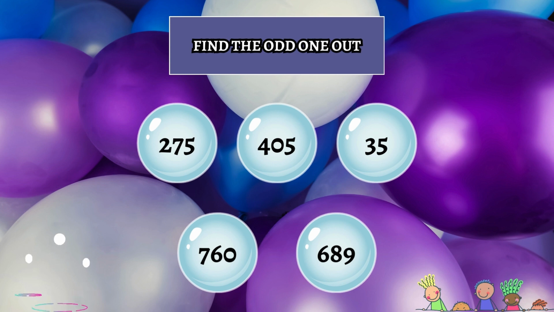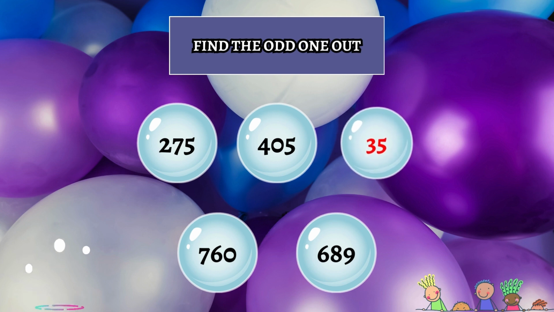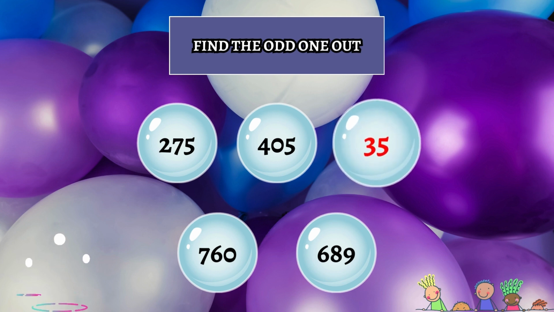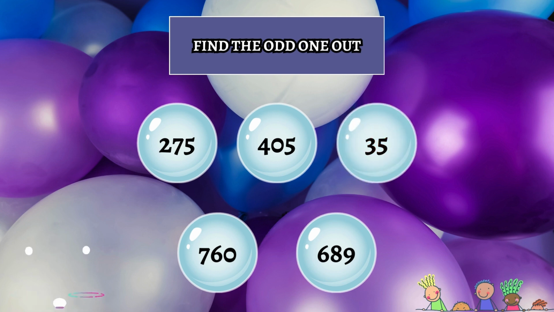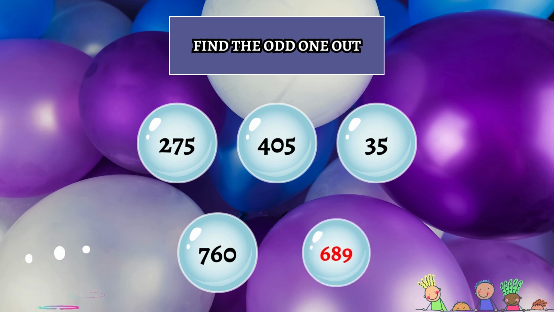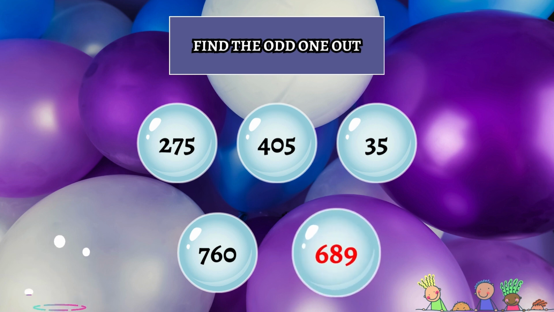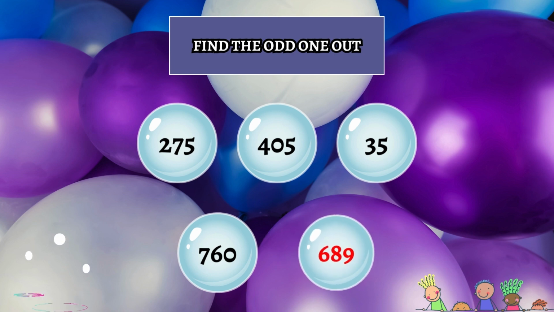So if your answer was 35, I'll give it to you because technically you are right. It is the odd one out. But my intention was to make it a bit more challenging, featuring a bit more math. So the real answer is 689, as this is the only number that is not divisible by 5.